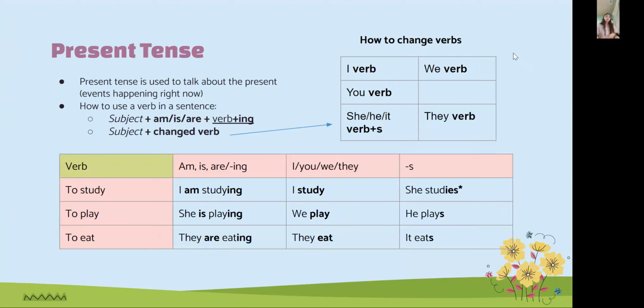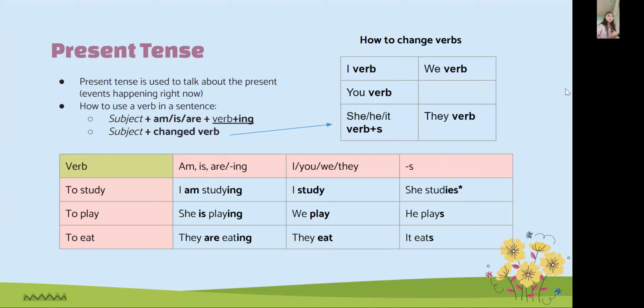So when we use a verb in the sentence in the present tense, we use this formula. The subject, am, is, or are verbing. So you like to add in the ing to the end of your verb. Similarly, you can also say the subject and then changed verb.